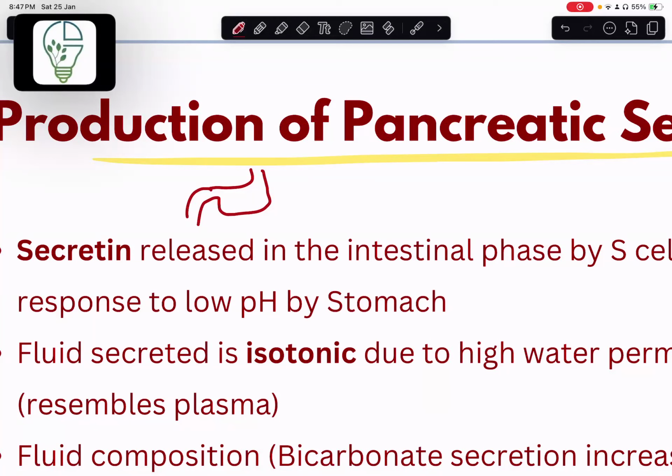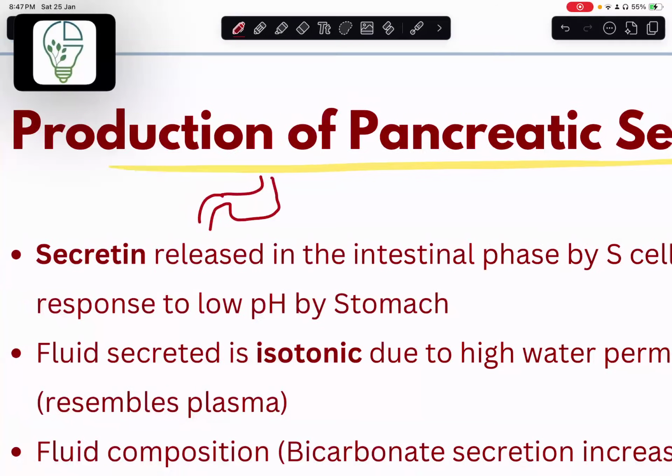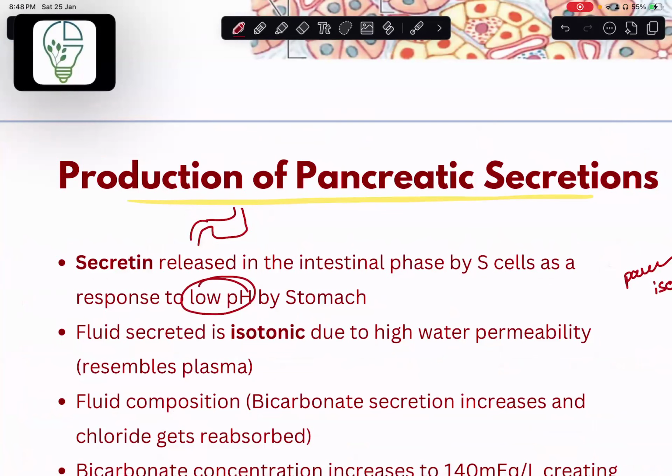And this acidity and the low pH is the stimulus for secretin to be secreted. The S cells of the duodenum will secrete secretin in response to the acidic environment and the low pH induced by chyme, by the food from the stomach. So the low pH induces the S cells to produce secretin.